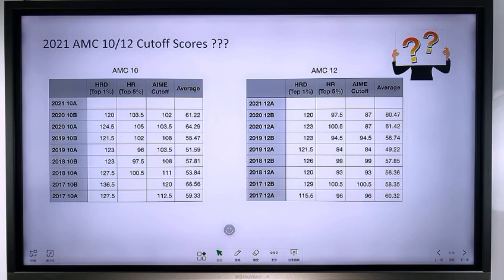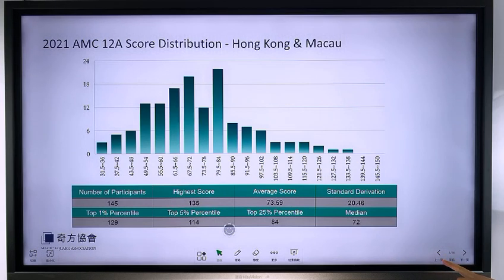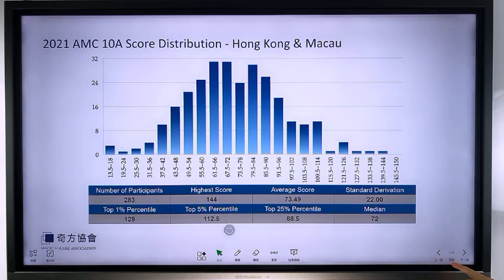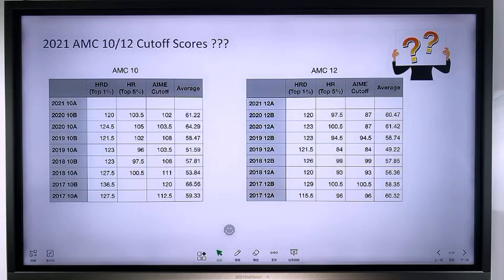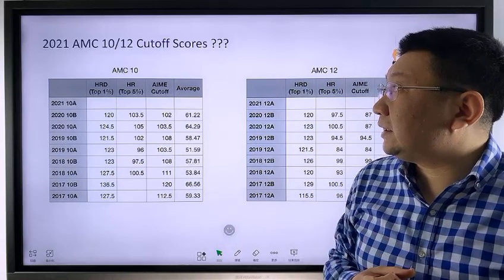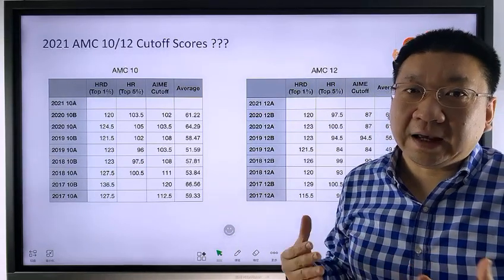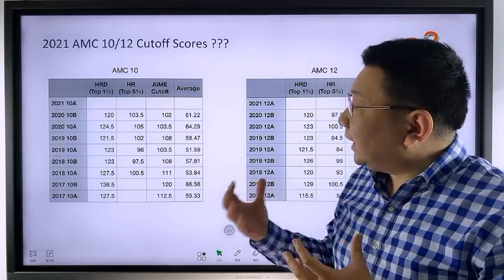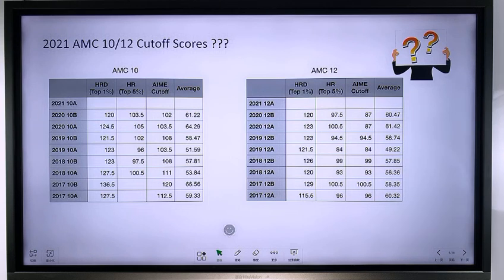My expectation, also based on our scores in Hong Kong and Macau, which are probably a good average of the global score, is that the 1% percentile is probably around 120 something, and the top 5% score maybe slightly higher than last year, but it's only a guess. This year we have many special situations, especially because many students attend the competitions online. That will definitely have some impact on students' performance, and we'll see whether the online competition will make the average higher or lower. Let's wait.